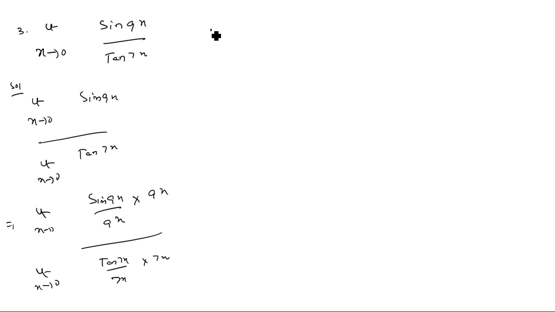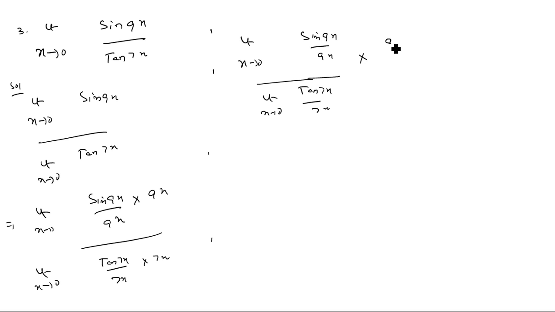So therefore, it can be written as limit x tends to 0 sin 9x by 9x, by limit x tends to 0 tan 7x by 7x, into 9x by 7x.